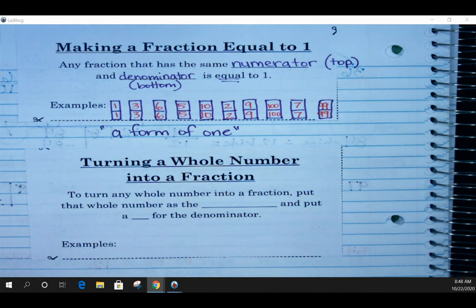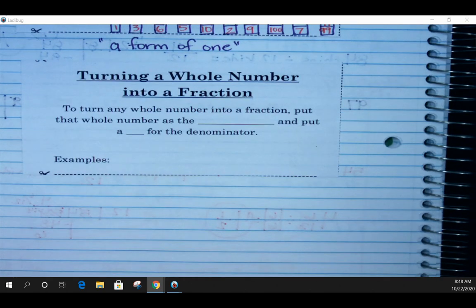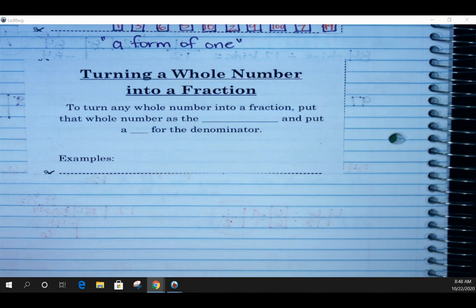Remember, now would be a good time for you at home to copy this down. Leave the blanks. To turn any whole number into a fraction, put that whole number as the blank and put a blank for the denominator.